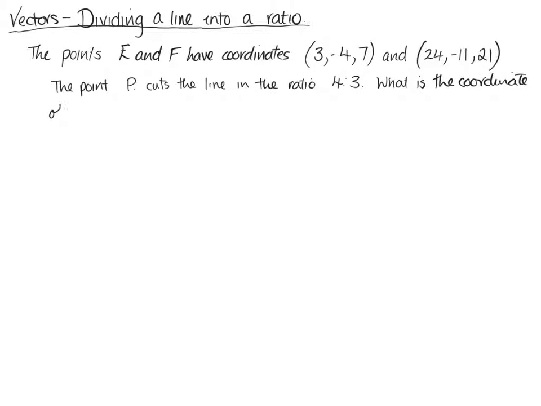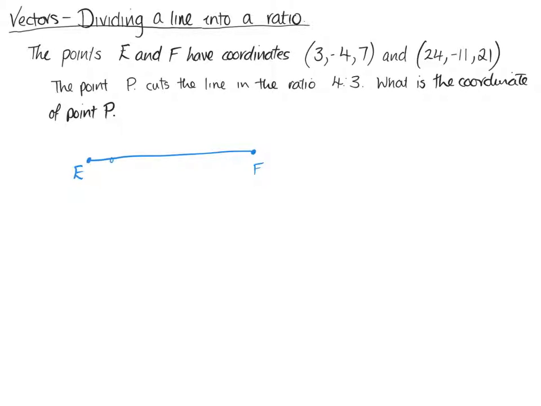Okay, most often with these we will see them in 3-dimensional vectors, not 2-dimensional vectors, okay? But again, like we've been doing, there's nothing to worry about with it. So drawing our line, we've got E to F. Because we've got 4 to 3, that means we've got a total of how many bits? 4 plus 3, 7.